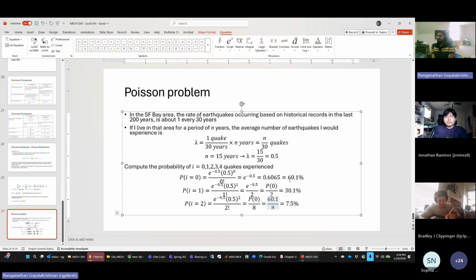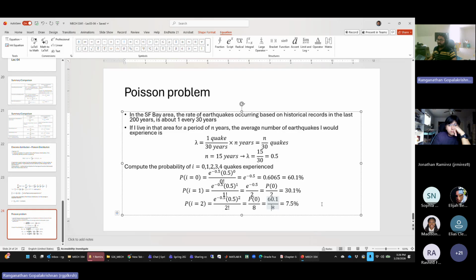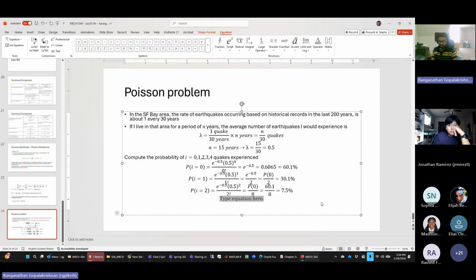So I said the remaining 9.8% is all the other outcomes, and 7.5% is already gone. So we have now accounted for 97.5% of the probability with only 3 outcomes. So if I ask you the question, what is the probability that you will experience 3 or more quakes in just 15 years of living there?